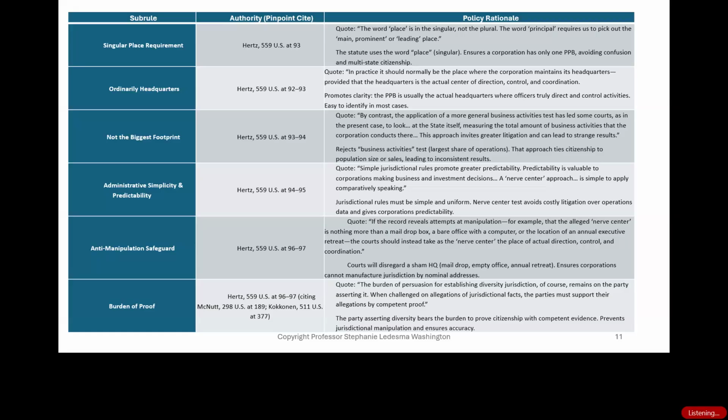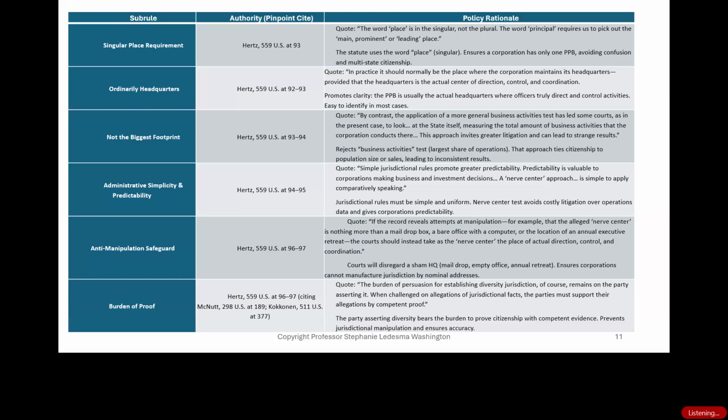Got it? Let's look at the not-the-biggest-footprint sub-rule. Here's the quote. By contrast, the application of a more general business activities test has led some courts, as in the present case, to look at the state itself, measuring the total amount of business activities that the corporation conducts there.